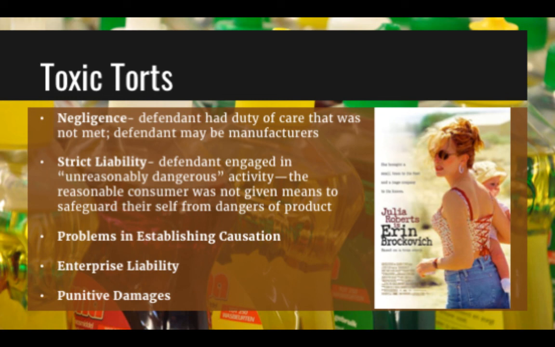This is useful when there is a time lapse between exposure to a toxin and the resulting injury, or when multiple manufacturers are involved. This is done to benefit injured plaintiffs because manufacturers as defendants are deemed as more able to bear the cost of remedying whatever injuries occurred.